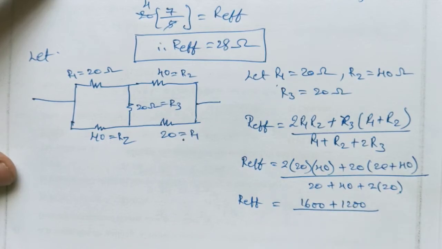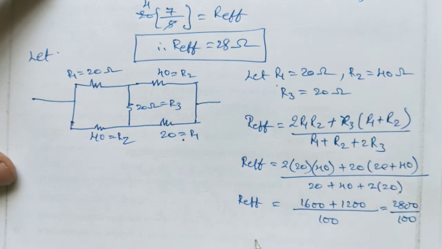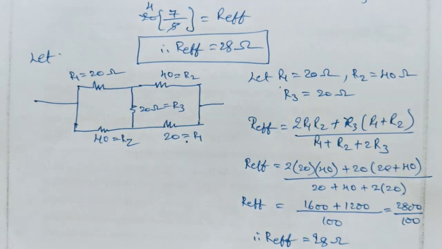Divided by 20 plus 40 is 60, 60 plus 40 is 100. So students observe carefully, 2800 divided by 100 we got. Therefore R effective value is equal to 28 ohms. This is the shortcut method in this situation. This is the simple way we get the answer for objective purposes.